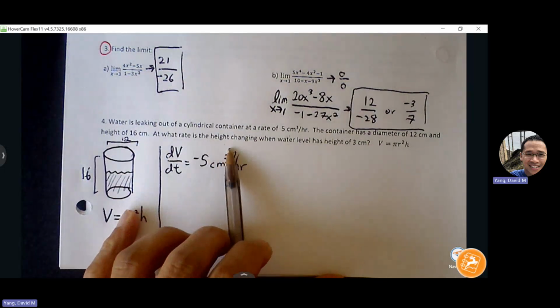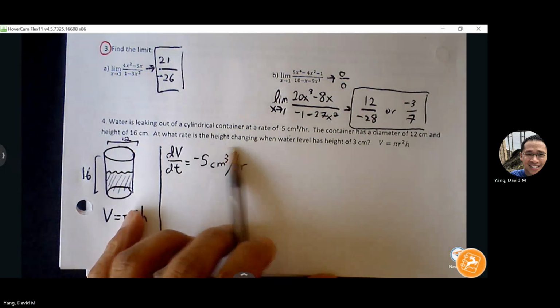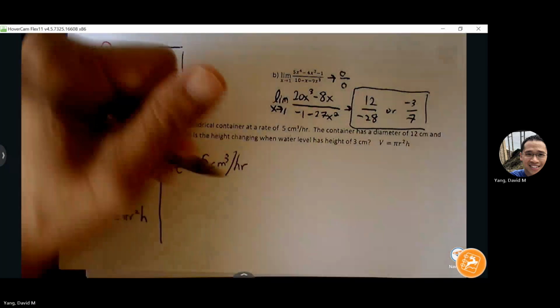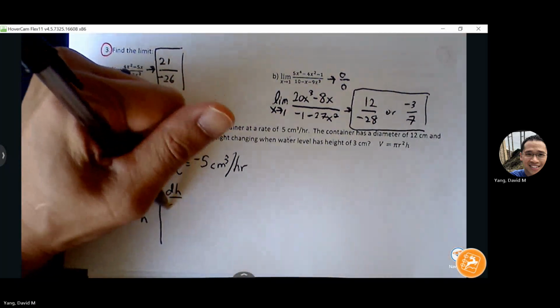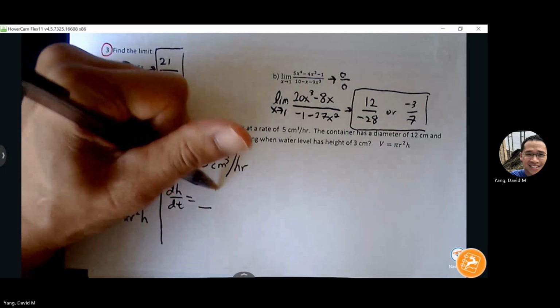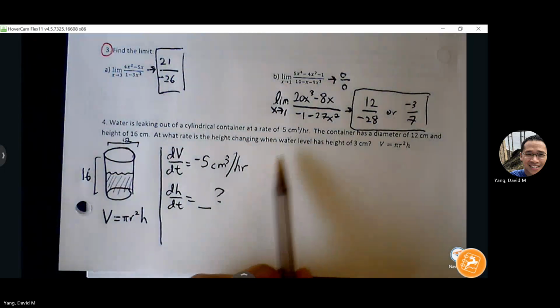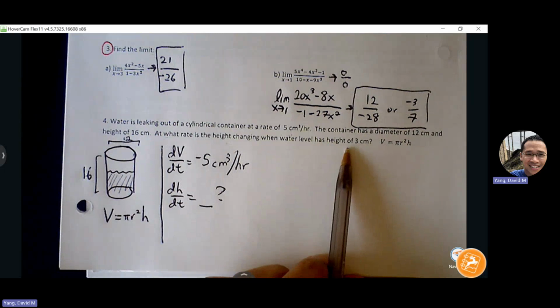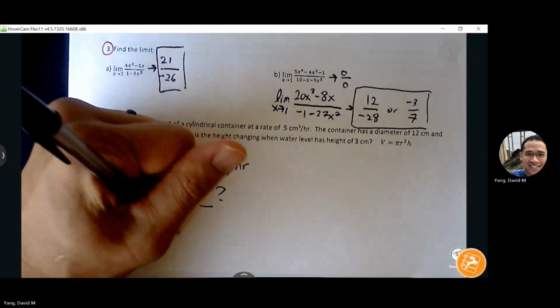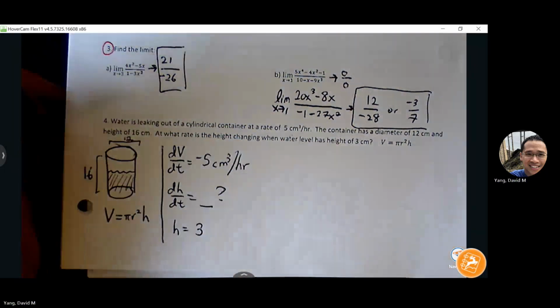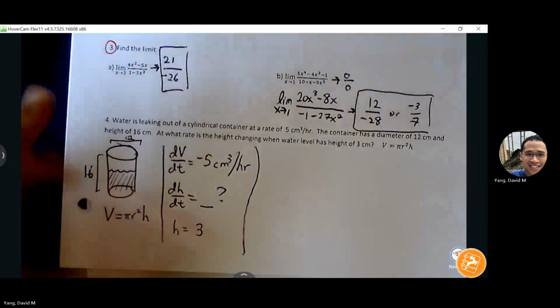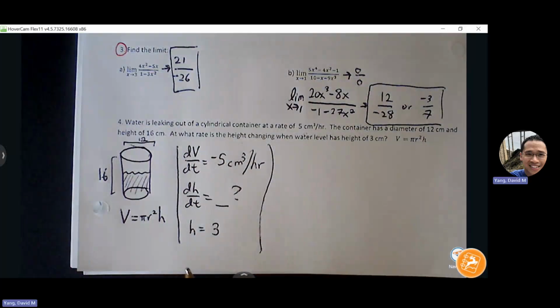At what rate is the height changing when the water level has a height of 3 centimeters? You don't use h equals 3 till the end, right? That's right.